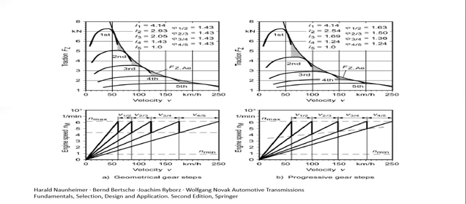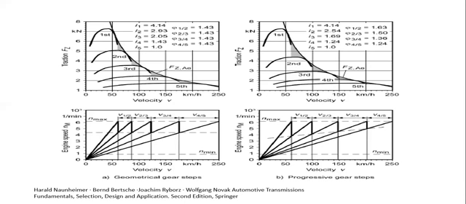Next comes the progressive gear steps. Progressive gear steps means that the higher the gear, the smaller the gear step between the gears. This is done by a basic gear step and a progressive gear factor. If we consider the example of a 5-speed transmission, in gear step 4 to 5, there is only the basic gear step.